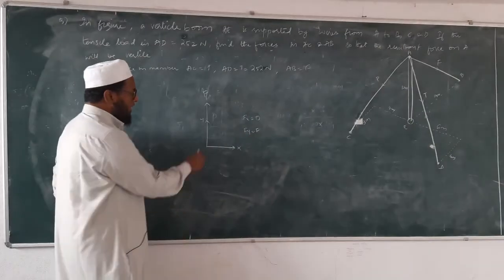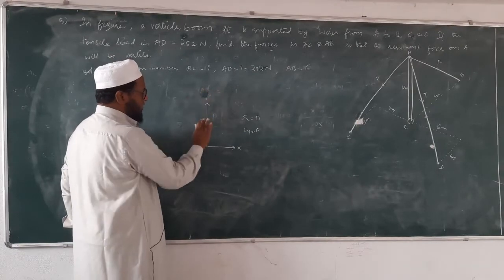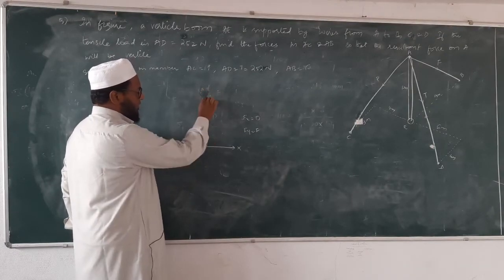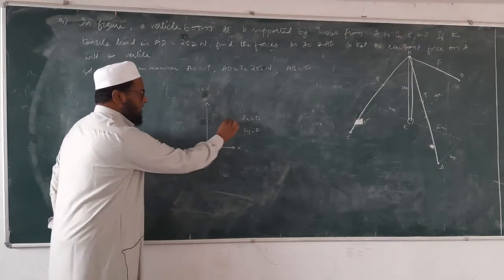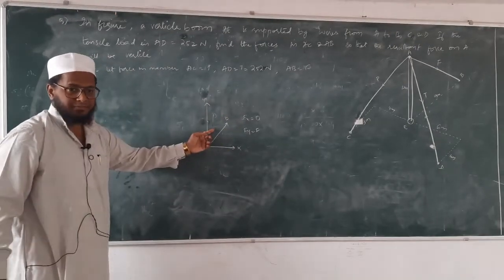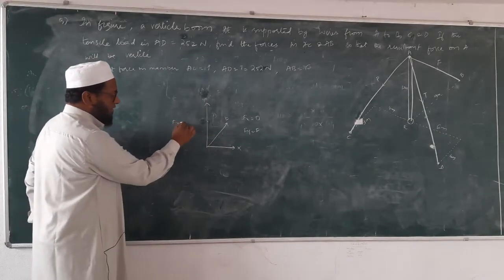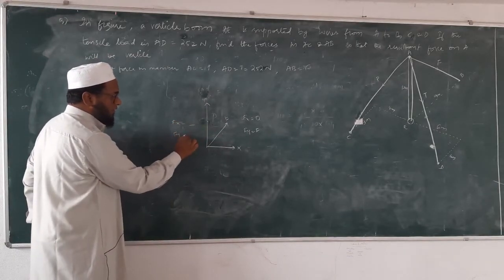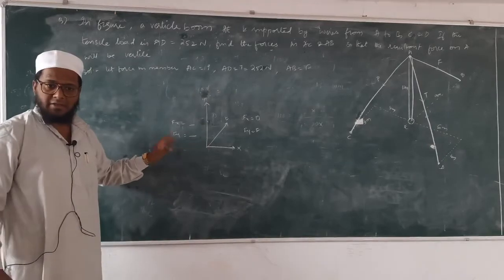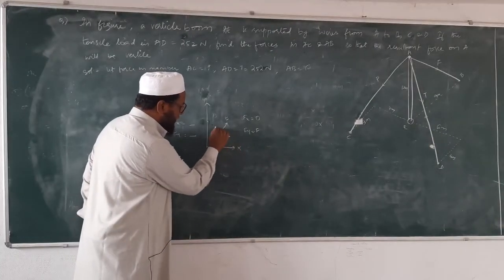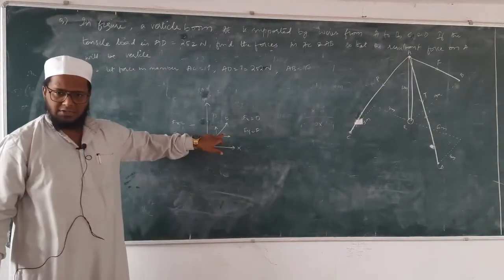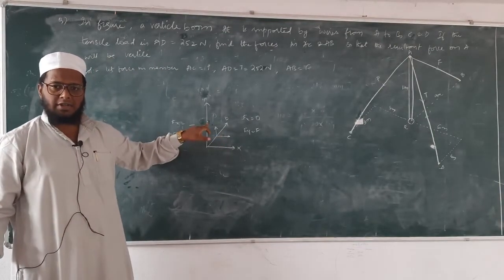Suppose, for example, this is the y axis and the force is inclined. Then what happens? Fx will have some value and Fy also will have some value. Fx and Fy will not become 0. If the force is inclined, we have one horizontal component and one vertical component.